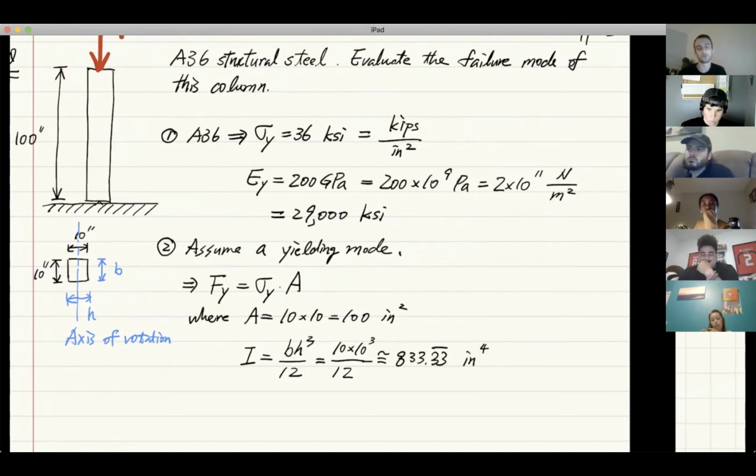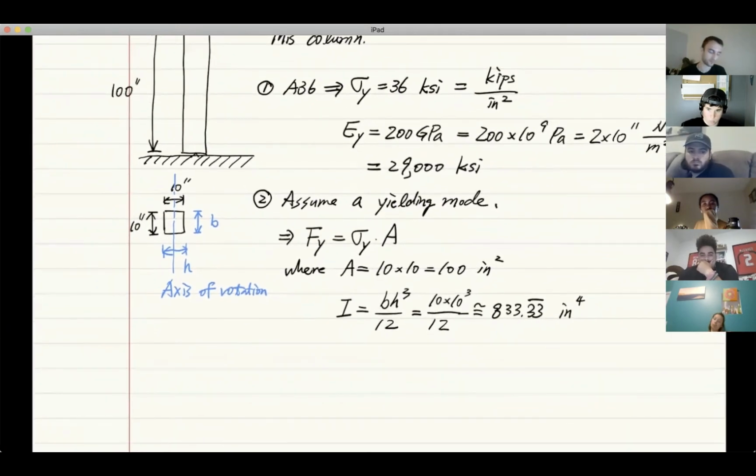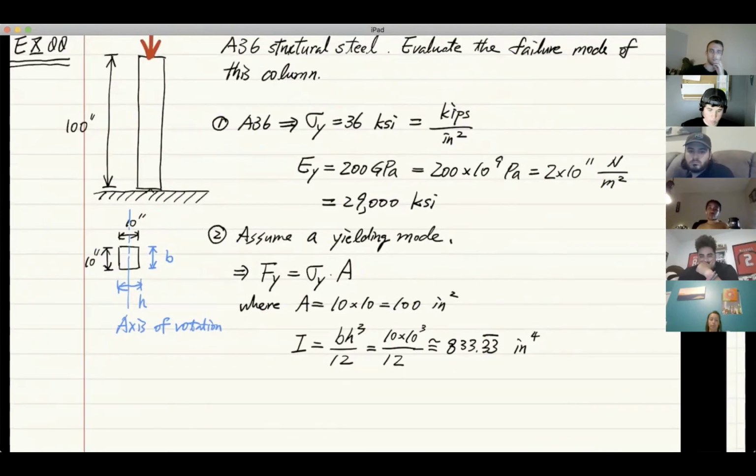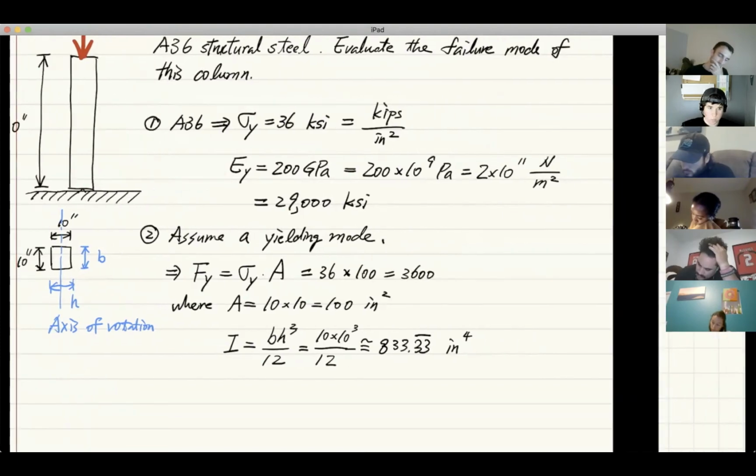Okay. So we know this. Now, if I know A, if I know sigma y, can I find out the yield force? The yield force in this case, let's complete this step, equals 29 ksi. No, actually it's 36, right? 36 times the cross-sectional area, which is 100, and that means this is 3,600 kips.